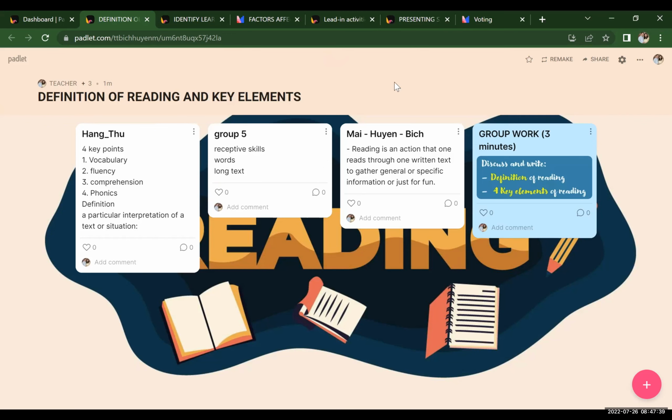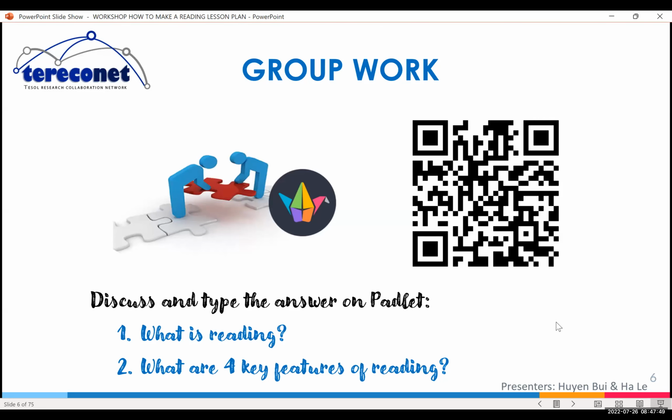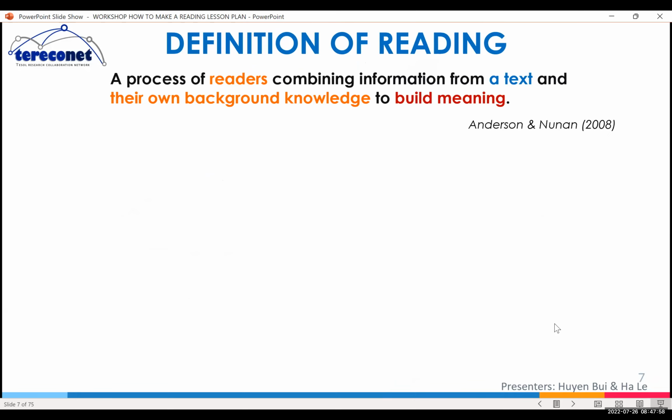Okay. So we do not have lots of time, so we will come back to my slide. To tell the truth, there are many different definitions related to reading. However, for the workshop today, I will base on the definition of Anderson and Noonan 2008.